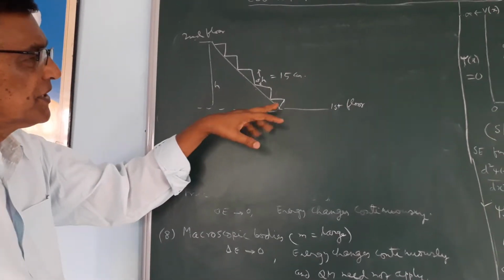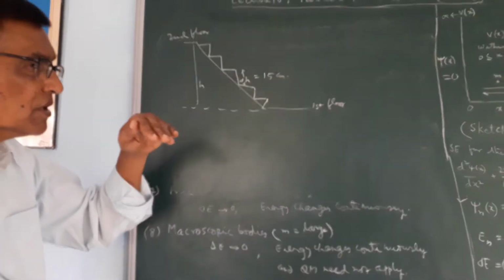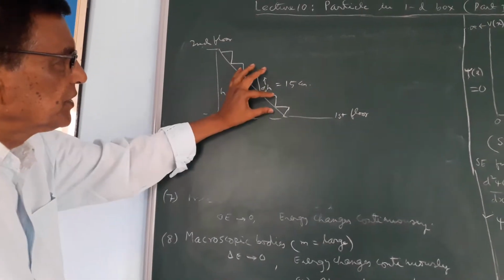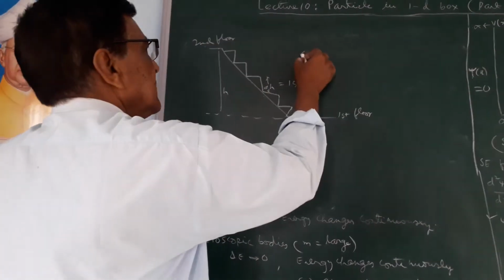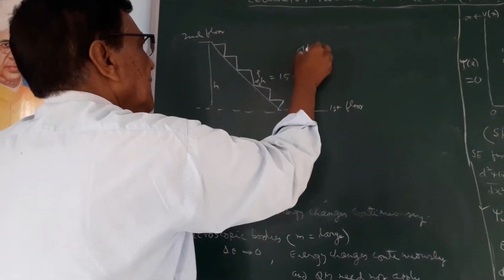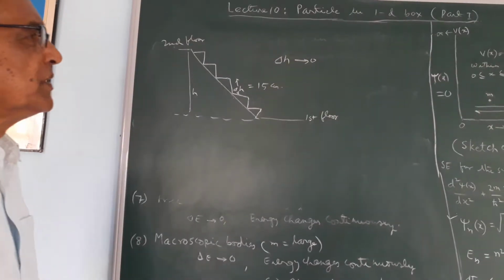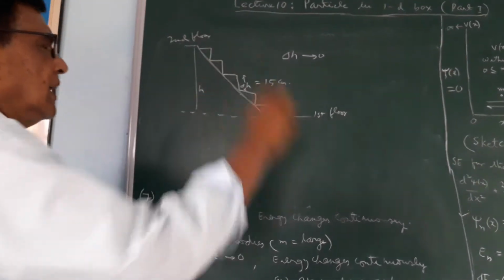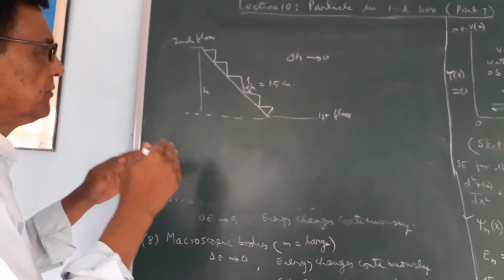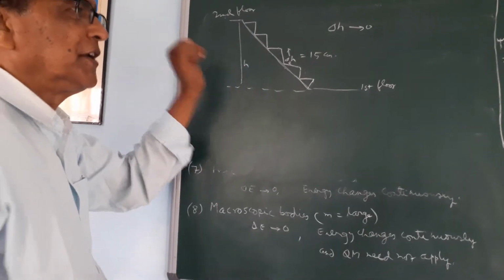You can rest your foot at this place, or this place, or this place. You cannot take your foot in between these two steps. But if this delta h tends to 0, meaning the gap between the steps is very small, in that case it becomes the slope again, and you can keep your foot anywhere within this slope, and the height changes continuously.